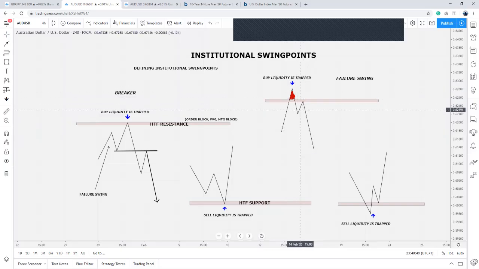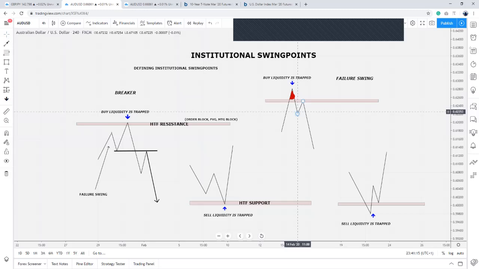Okay, so IPDA is going to drive price into where a collective pool of liquidity is resting. Then the floor traders of the central banks will reprice lower by pairing up the buy side liquidity with sell orders, which will then shift price to the downside. So a failure swing basically looks like a breakout system, whereby price looks like it's breaking out of the higher time frame level, but price quickly pulls down below.